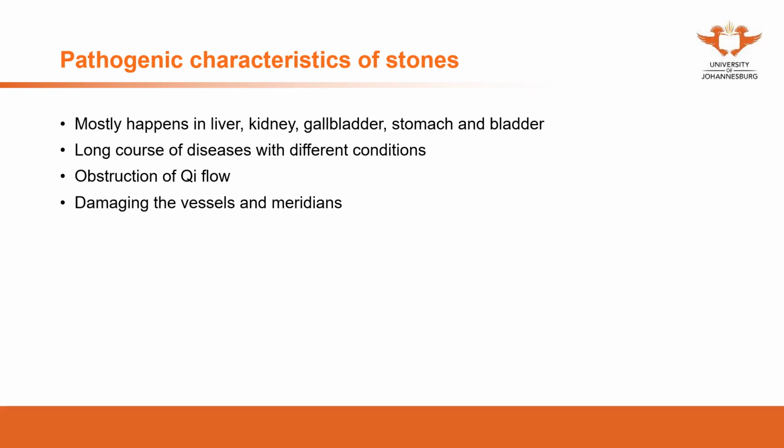Except for the exogenous pathogens, these 2 are quite important, and they are actually the results of other pathogens. So they always happen in combination with other pathogens. That's why they can show as a variety of different symptoms.